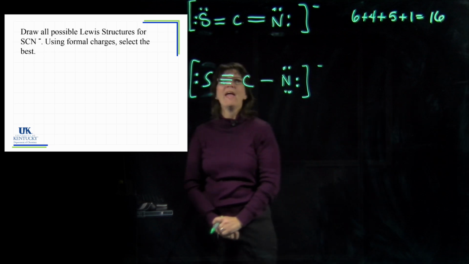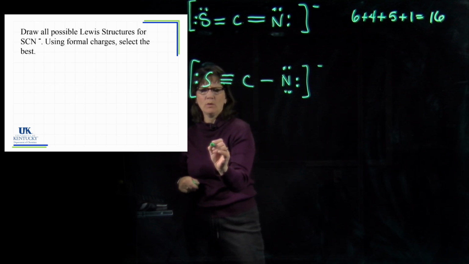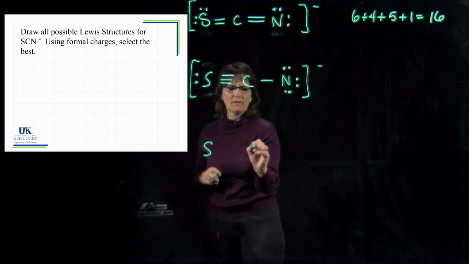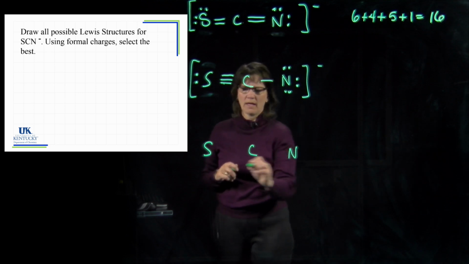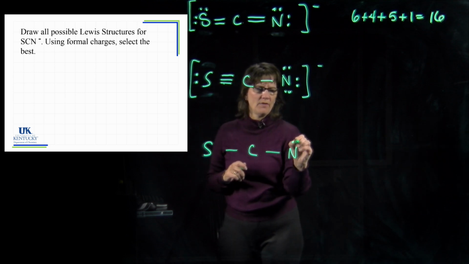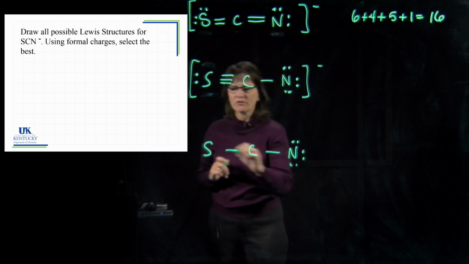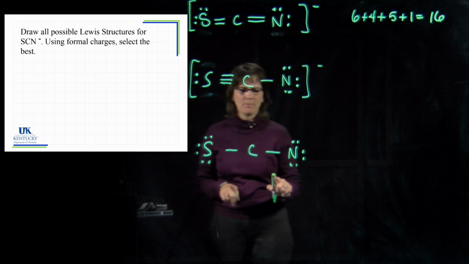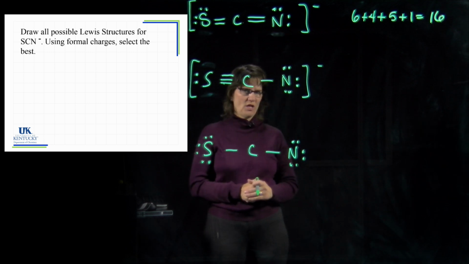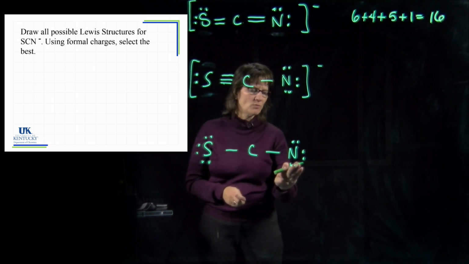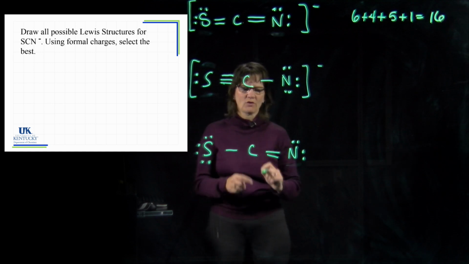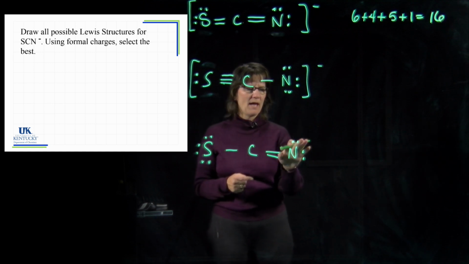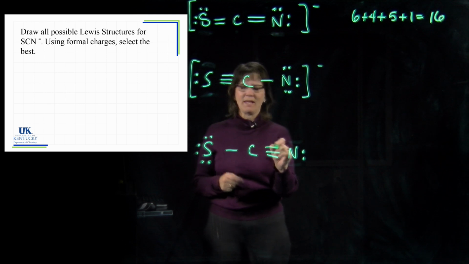Okay? And then we could have said, well, what about this? We'll start again at the same point that we were. Okay, we had single bonds. This is where we had first used our 16 electrons and realized that carbon wasn't happy. Why not make nitrogen do the sharing? So nitrogen would say, okay, you can have 2 of my electrons. Carbon says, I'm still not happy. So he says, okay, you can have 2 more of my electrons.